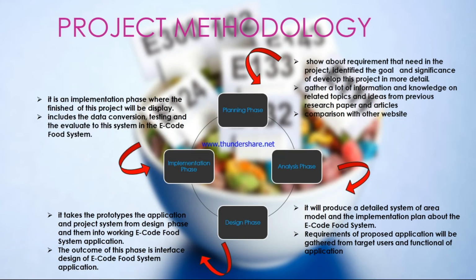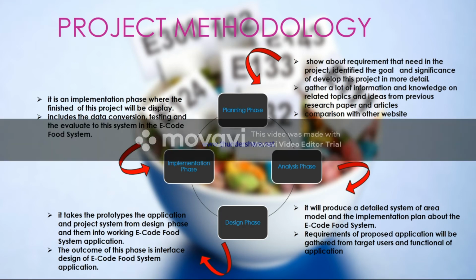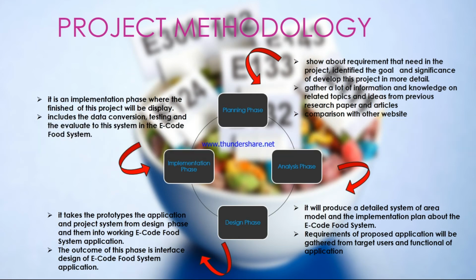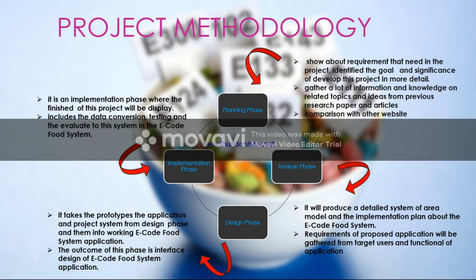The first is the planning phase. This phase will show the requirements needed in the project, and identify the goal and significance of developing this project in more detail. In addition, it gathers a lot of information and knowledge on related topics and ideas from previous research papers and articles.